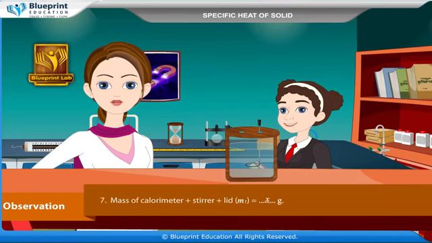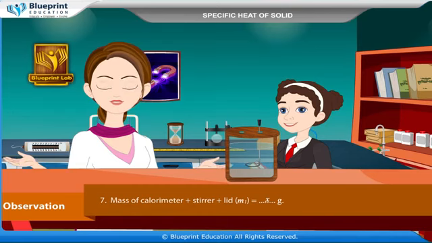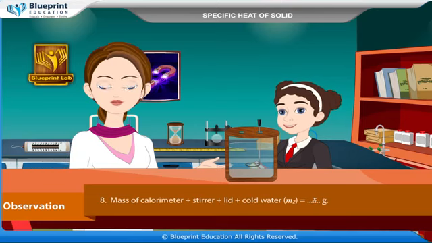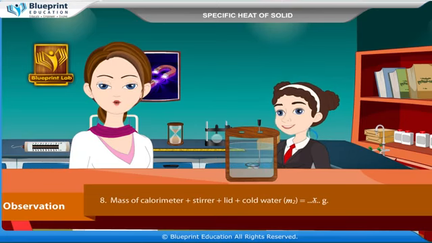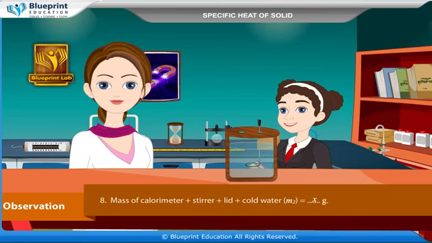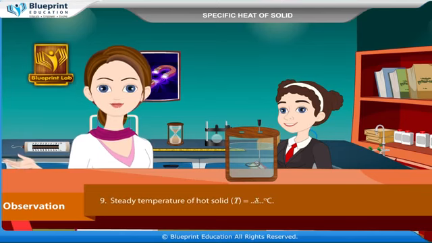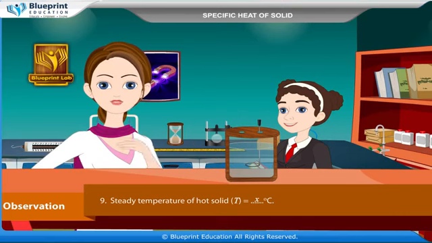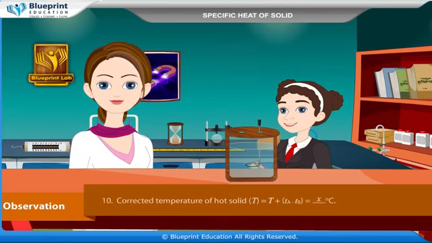Mass of calorimeter plus stirrer plus lid, M1, is equal to X gram. Mass of calorimeter plus stirrer plus lid plus cold water, M2, is equal to X gram. Steady temperature of hot solid, T, is equal to X degrees Celsius.